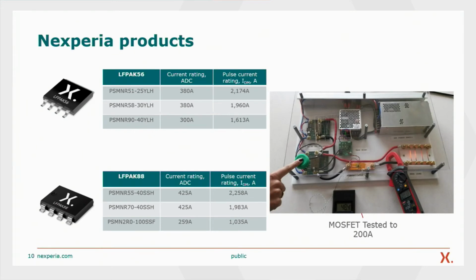One condition is that the mounting base temperature needs to be maintained at 25 degrees for these particular figures. What this means is that if that temperature is maintained at the mounting base, the drain tab, then yes, you can apply that current. It will result in the junction temperature operating below 175, and therefore it is continuous.